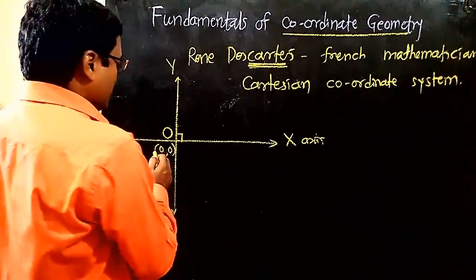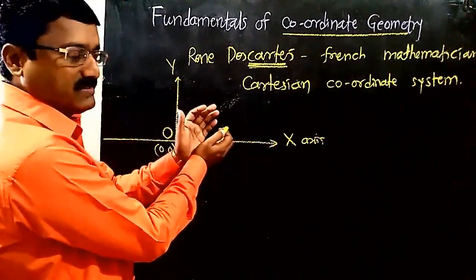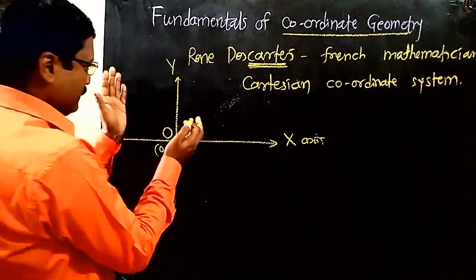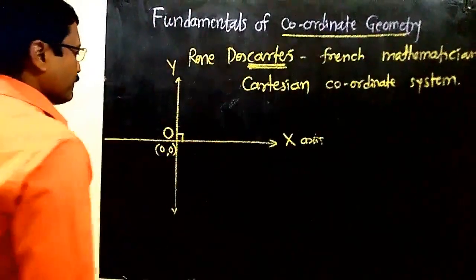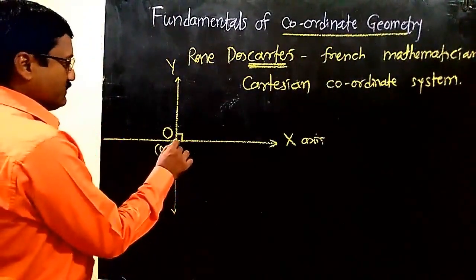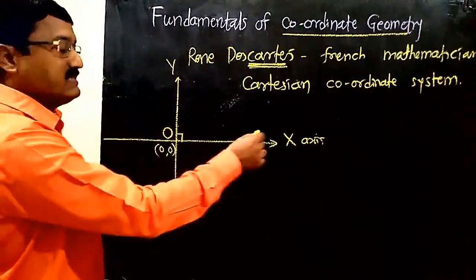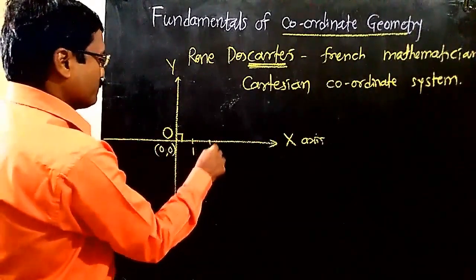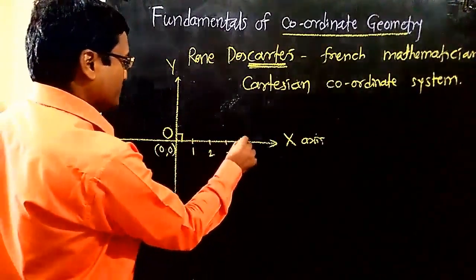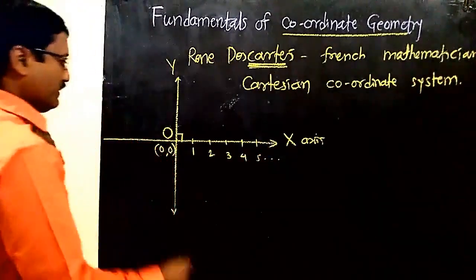So this is the combination of numbers and geometrical figures, which was initially used by René Descartes. So these are the two numbers. Then on this line we consider a number line, and on these number lines we take numbers as 1, 2, 3, 4, 5, etc., which are real numbers.